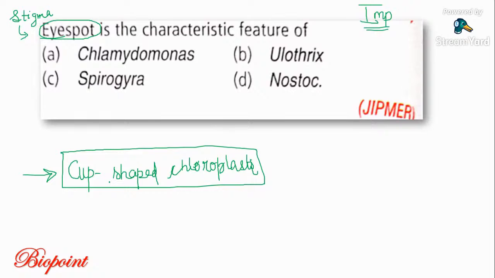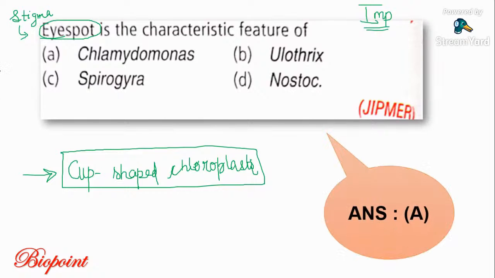So the correct answer for the question is option number A. Chlamydomonas is the particular organism that contains eye spot or has a cup-shaped chloroplast. Question number 25 on your screens.